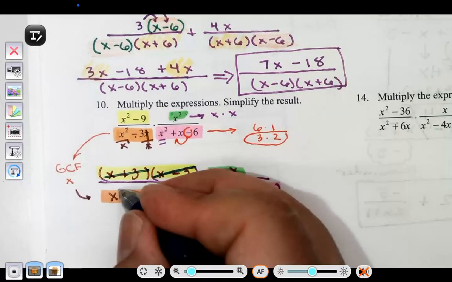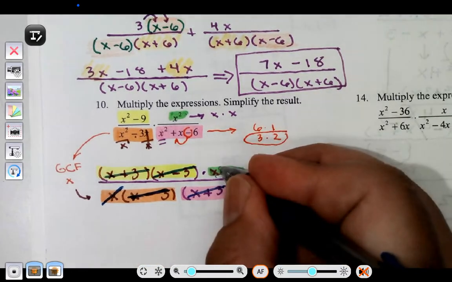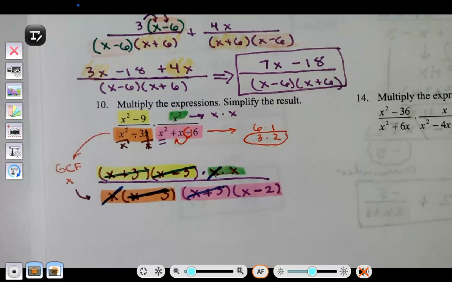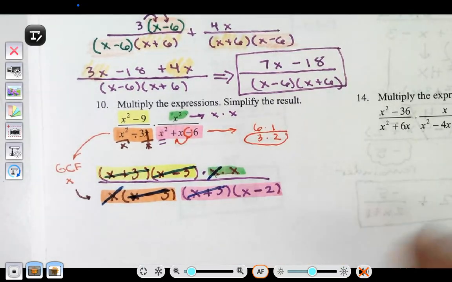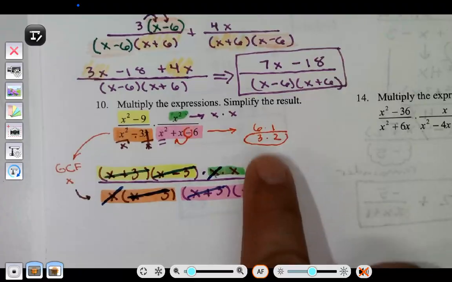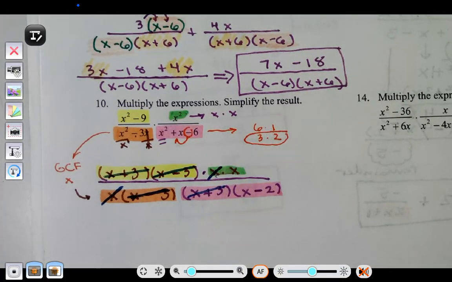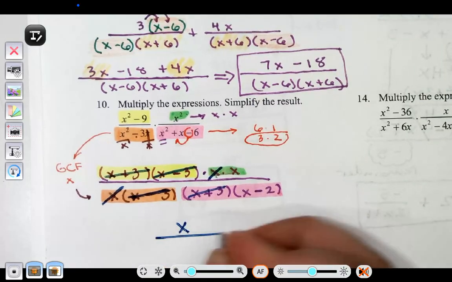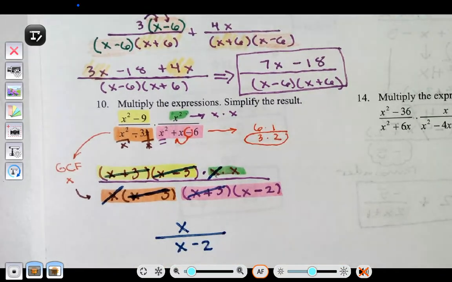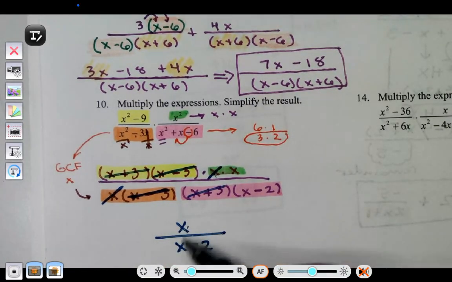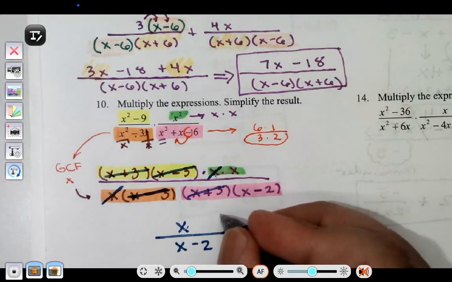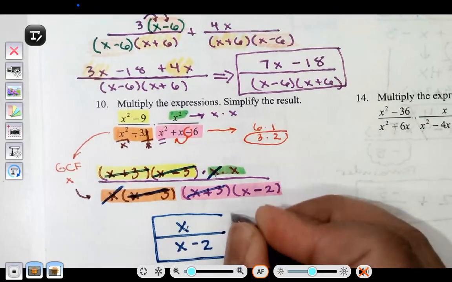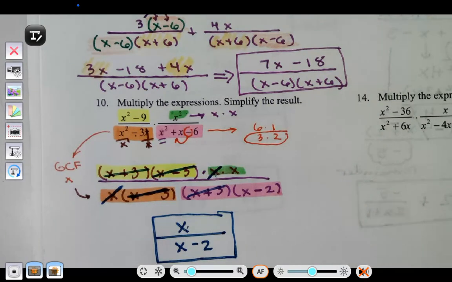Look at that. This single x cancels with this single x. And if you're thinking, oh, cancel these x's, remember this has a minus 2, all or nothing, which means I can't cancel anything else. So I'm left with an x on the top and an x minus 2 at the bottom. Again, you cannot cancel these. It's all or nothing, which means there's my answer for this problem. All right, give you a moment there to catch up with the writing.